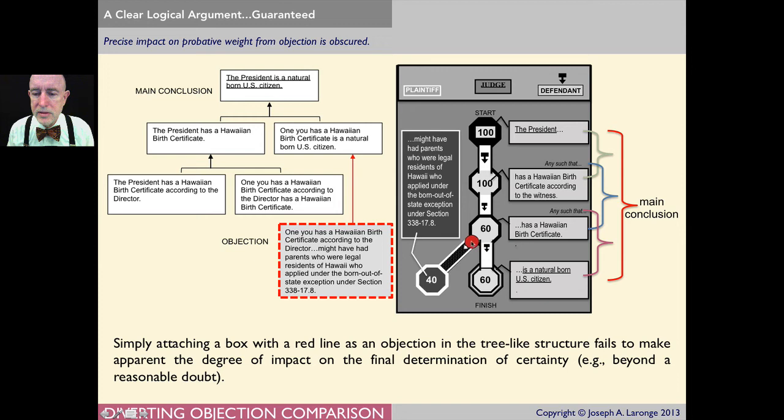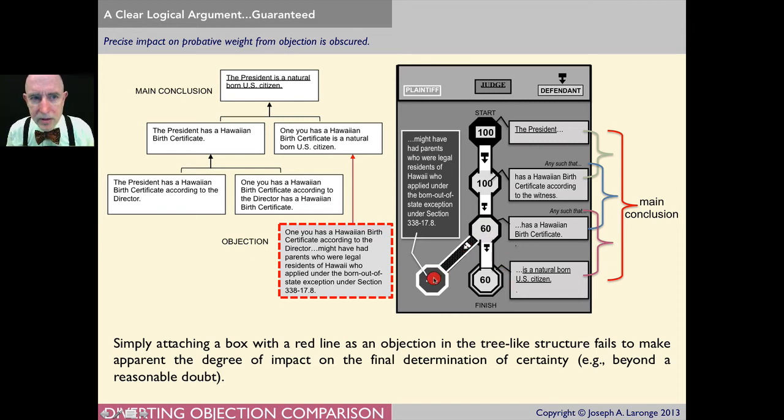But here it diverts some of that level of certainty, so it splits off. Actually, this right here should show the 100. It should show 100, so you can see it breaking into the 40 and the 60. Because you have this premise that says, any such that has a Hawaiian birth certificate is a natural-born citizen.